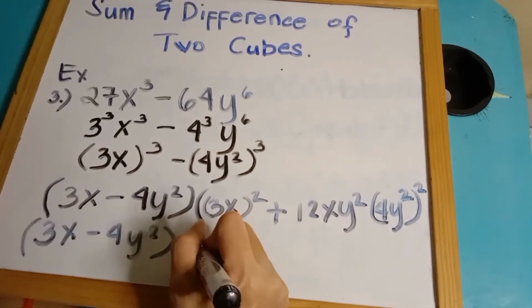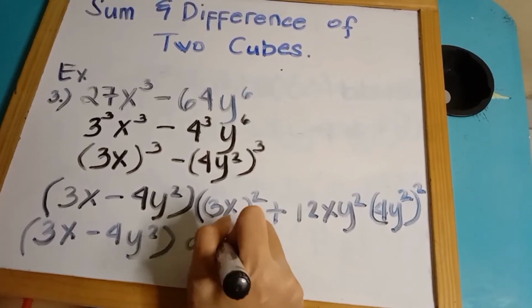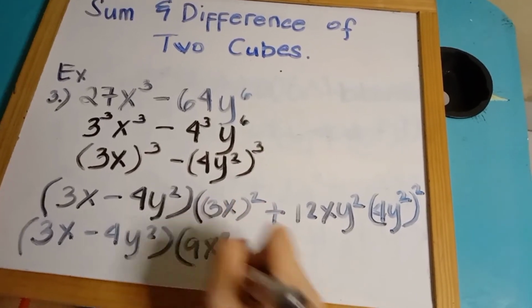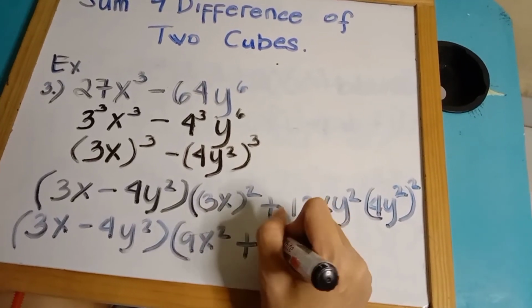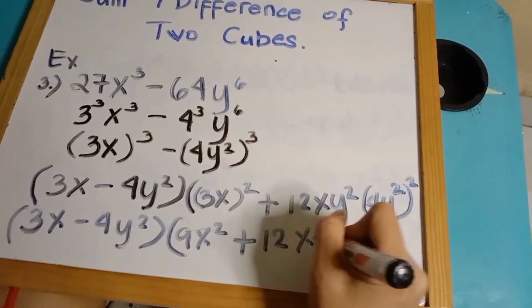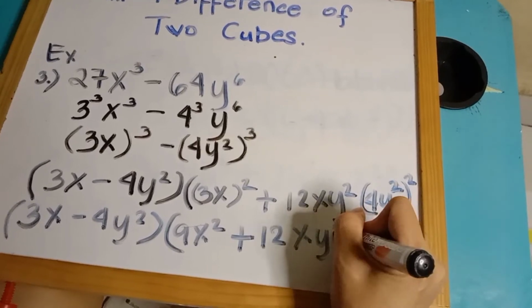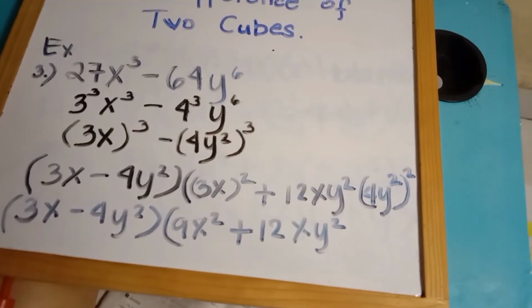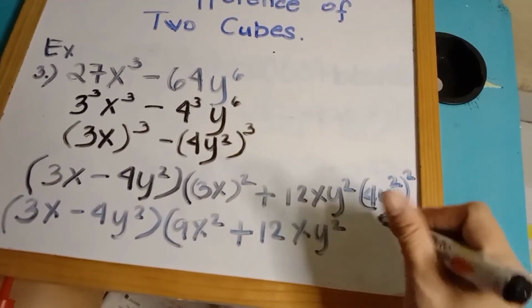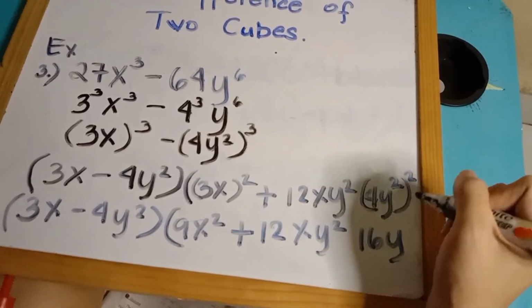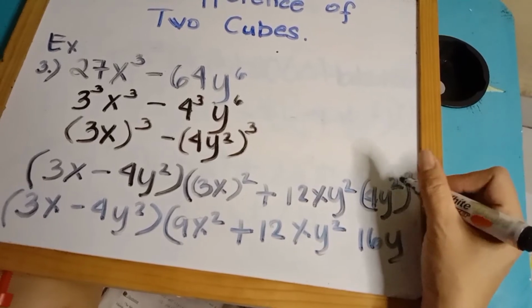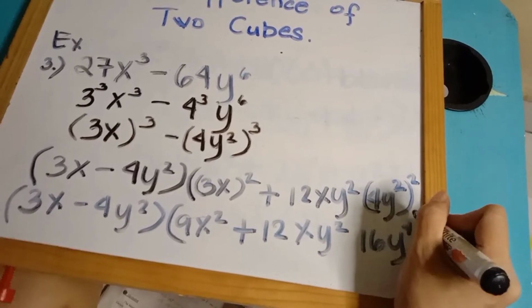Simplify natin tong first term. 3 squared is 9 x squared. And then our second term, that is plus 12x y squared. And our last term, 4 squared is 16 y, ano yung exponent ni y? 2 times 2 is 4.